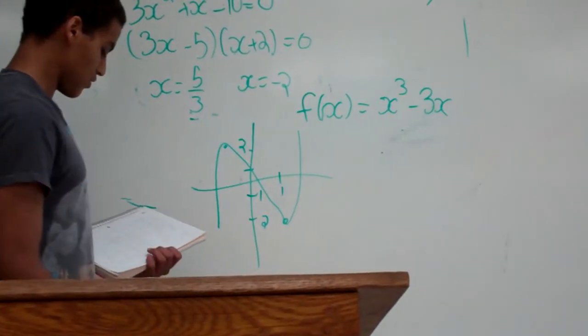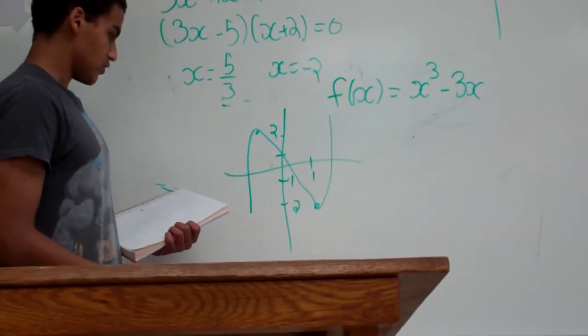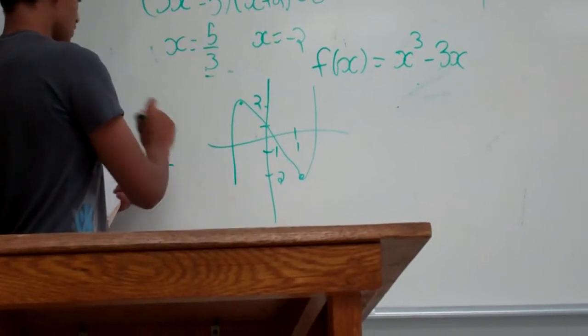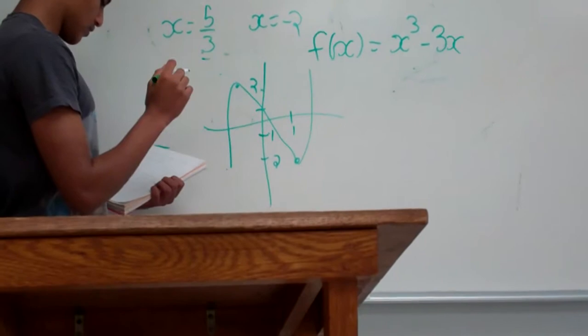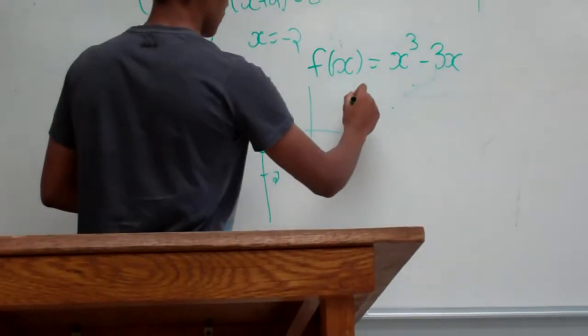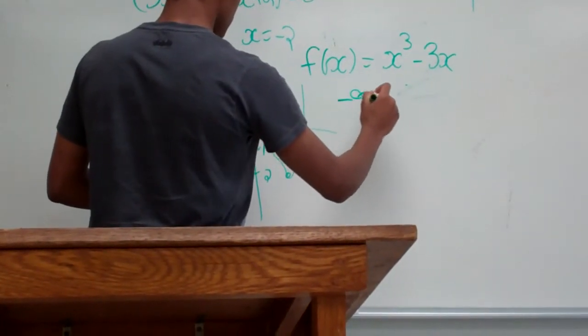So we just have to say when it's increasing and when it's decreasing. So it's increasing from negative infinity to negative 1. So this is one interval when it's increasing.